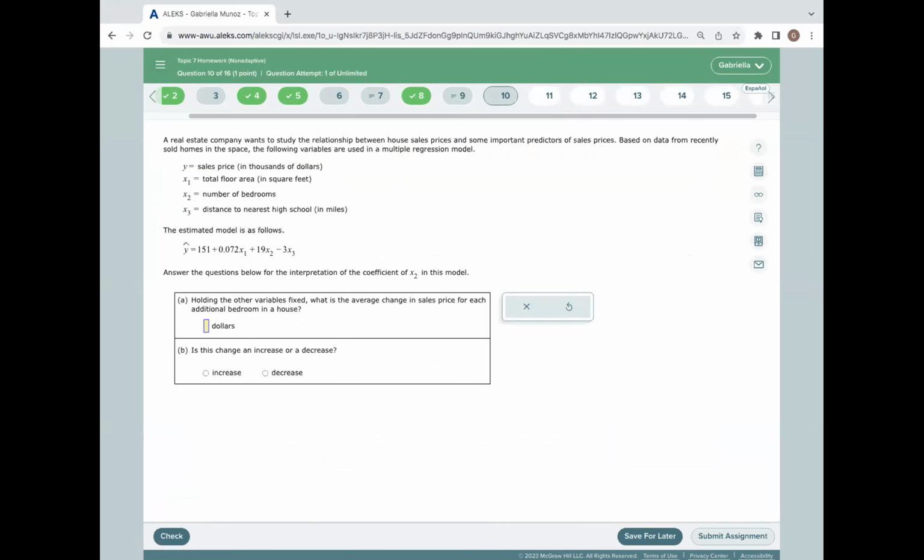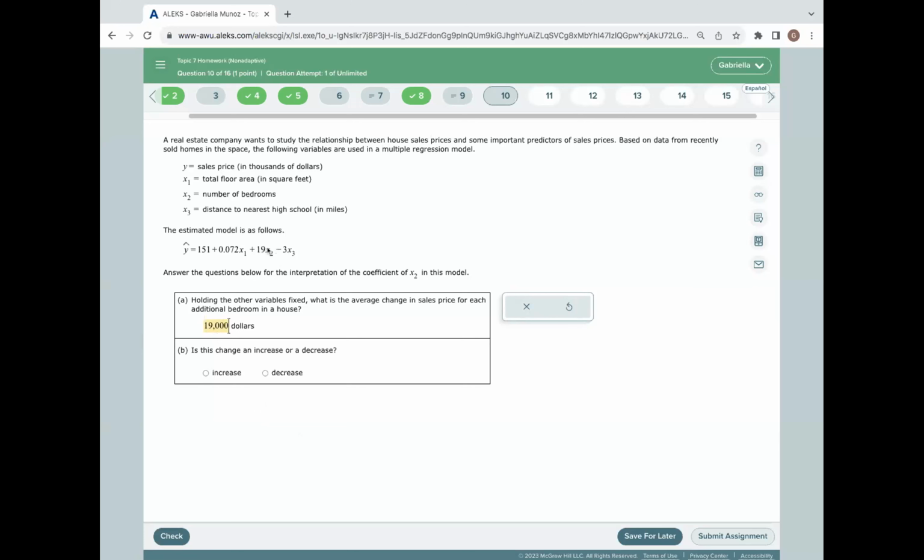For each additional bedroom, that's the slope in front of X2, which is 19, but it's in thousands, so you have to remember to multiply by 1,000. So the answer is 19,000. It's the slope in front of X2.